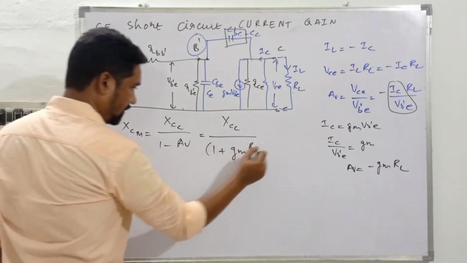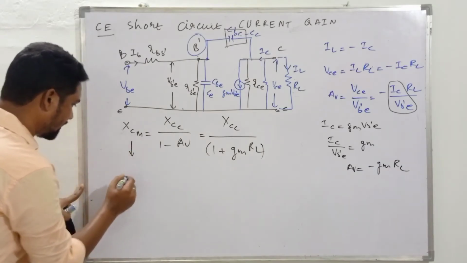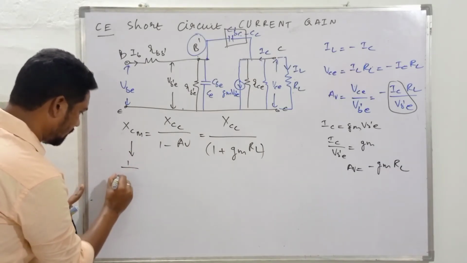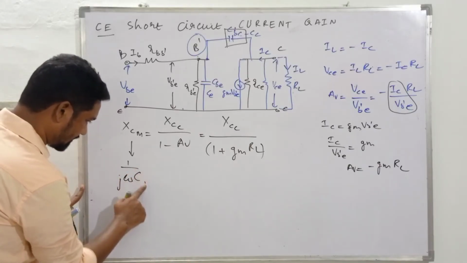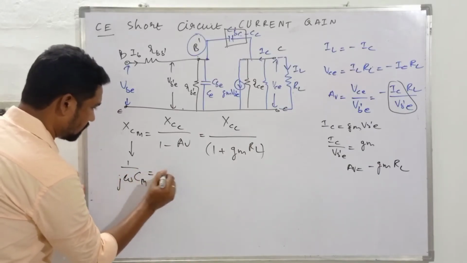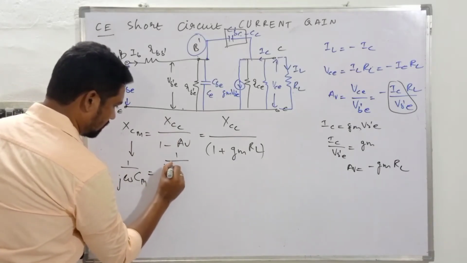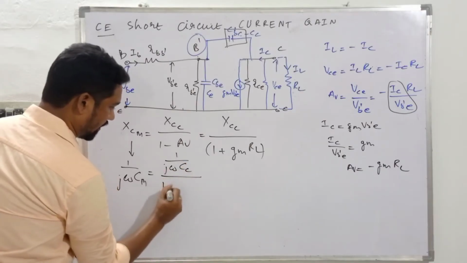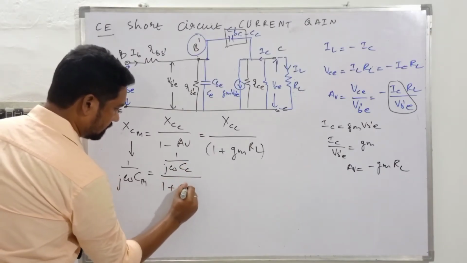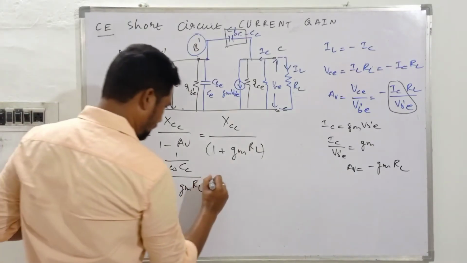That's the amount. Yeah, hold on, we aren't finished yet. So XCM can be written as 1 by J omega CM. Now this is the value we are in search of, which is equal to XCC, 1 by J omega CC, by 1 plus GM RL.